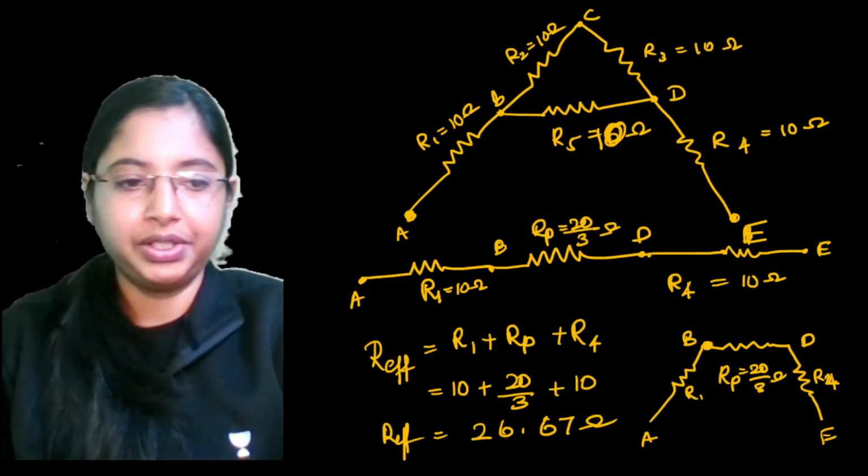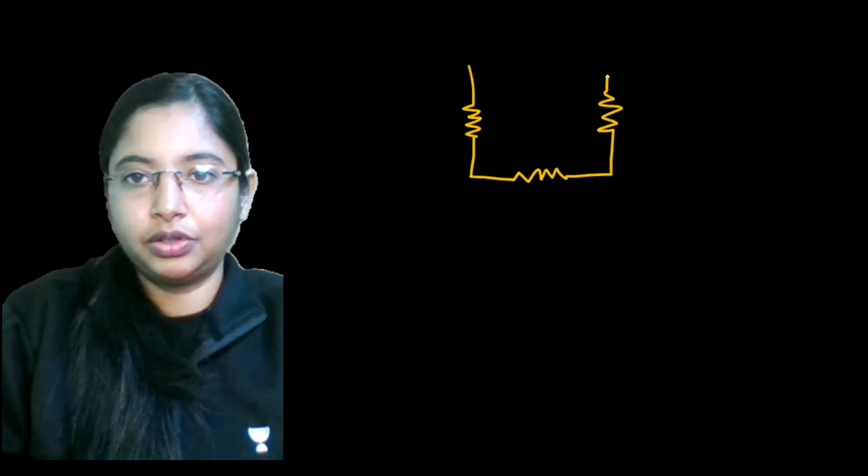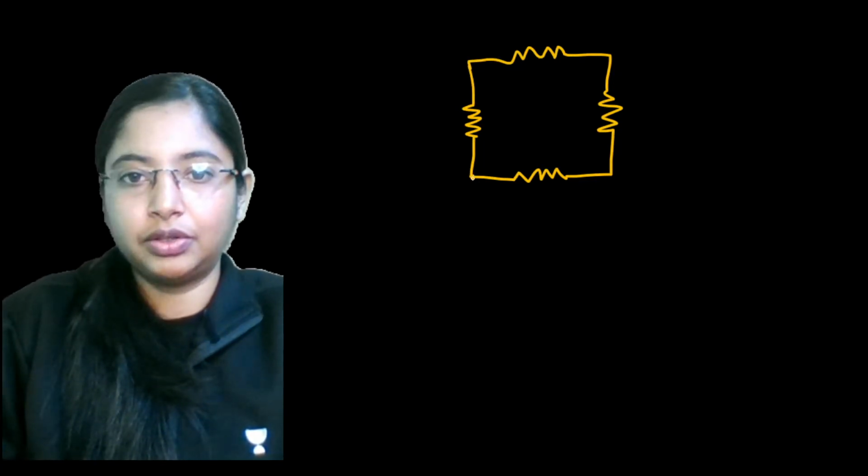Alright. So here let's say we have a combination given. Let's say now the resistors are connected in the shape of a square. So the four sides of the square have four resistances.